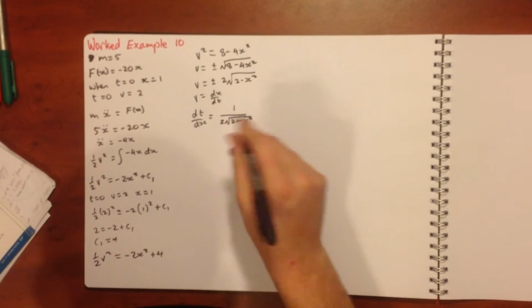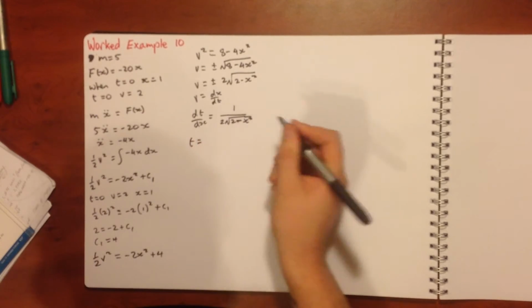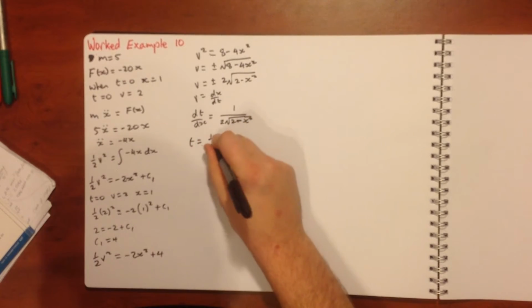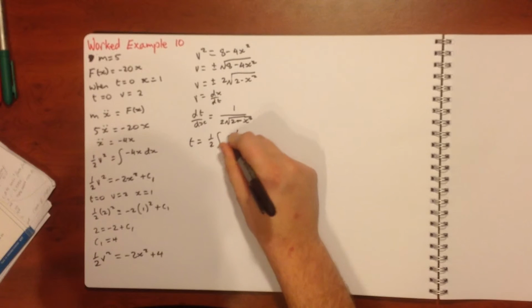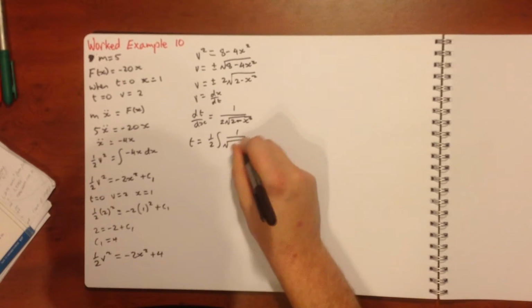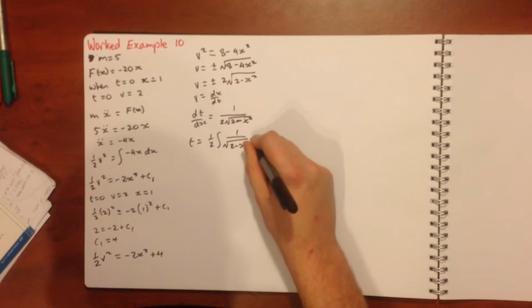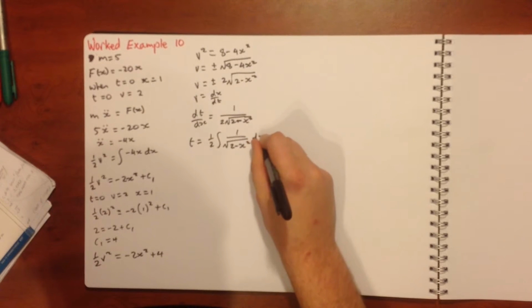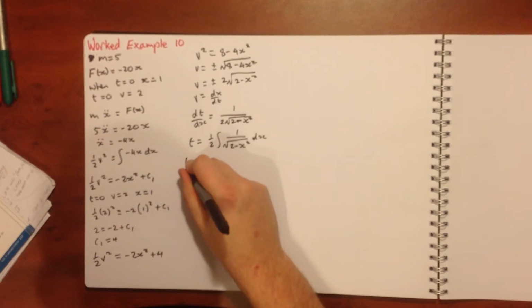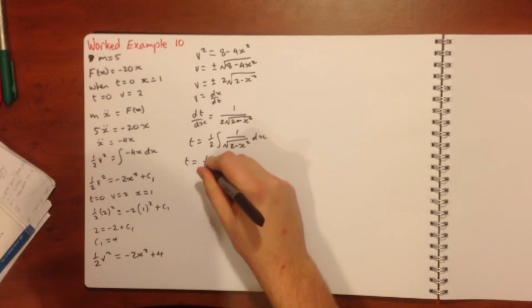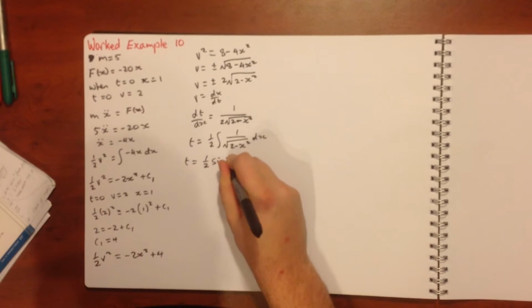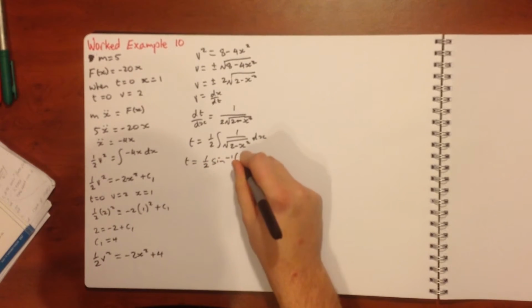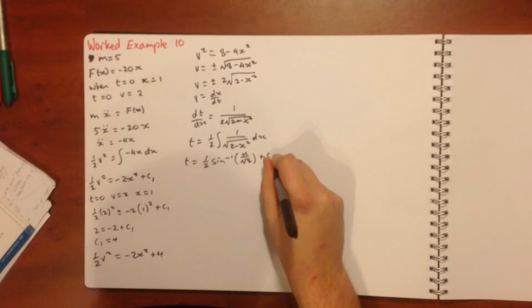So t equals, bringing a half out for a start, a half of the integral of 1 over the square root of 2 minus x squared dx. So t equals a half times the inverse sine of x on root 2, plus of course our c2.